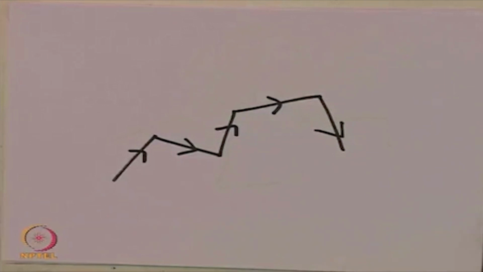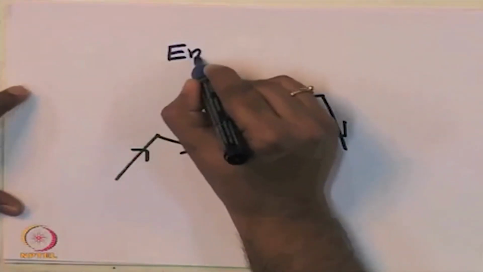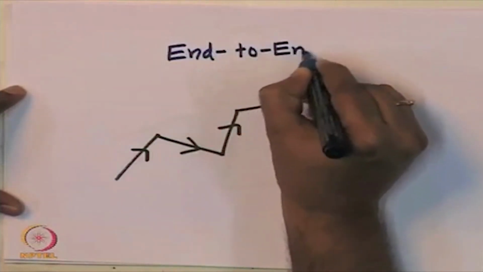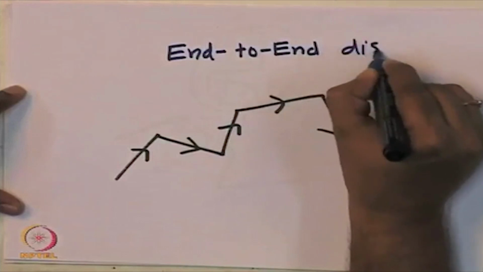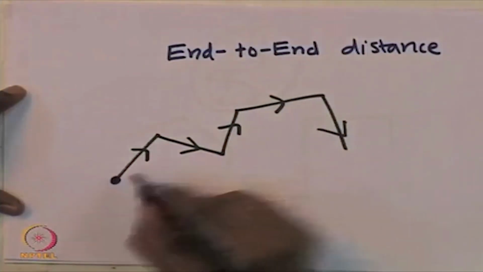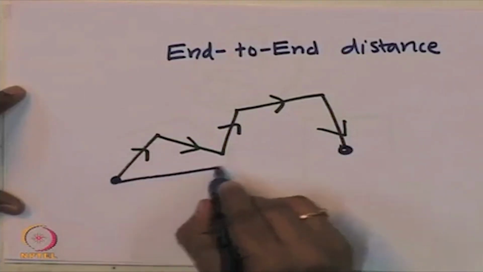Now, how do we define the size of this protein? There is a quantity called end to end distance, or vector. This is one end and this is the other end, so you can define a vector which connects these two.